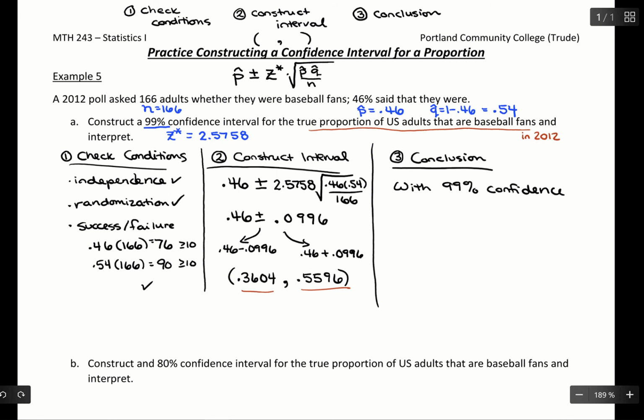So for our wording, we could say something like 36.04% to 55.96% of US adults were baseball fans in 2012.